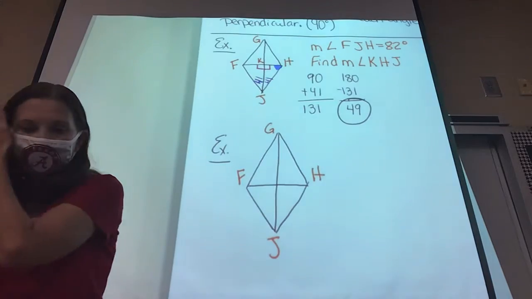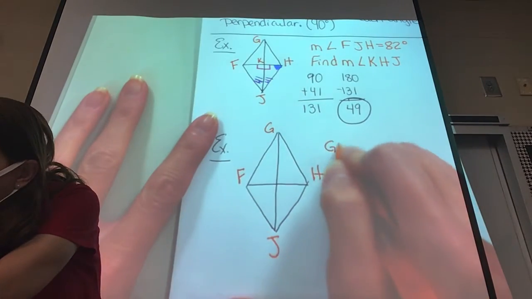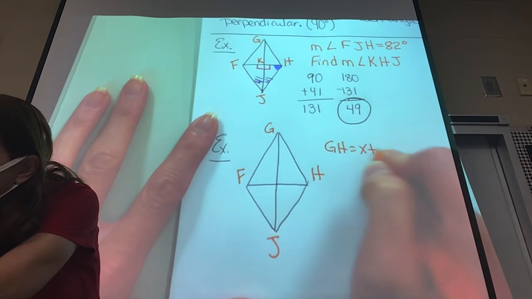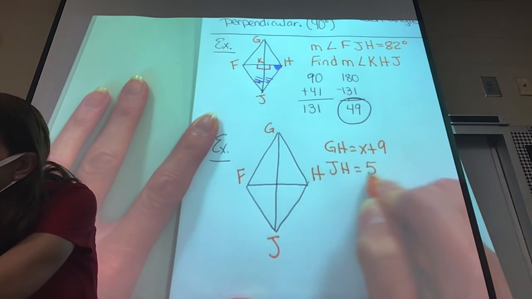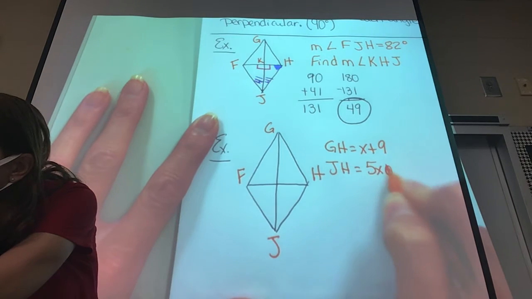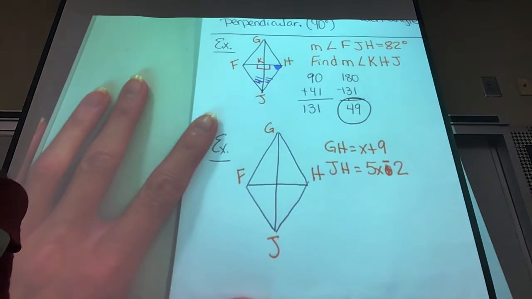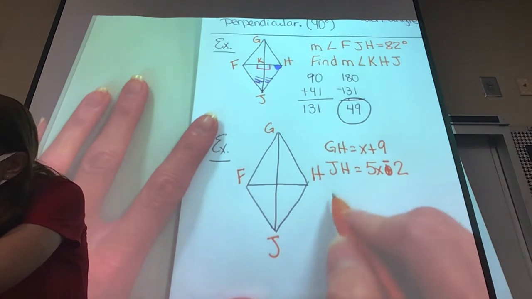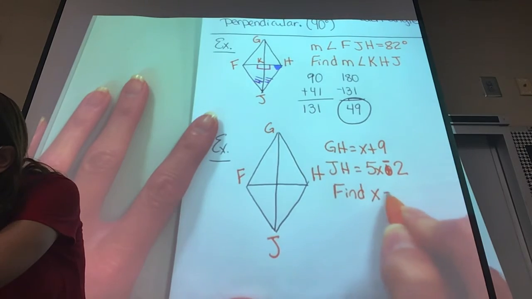We're worried about the outside this time. This time we know that GH is x plus 9, and we know that JH is 5x minus 2, and we want to find x.